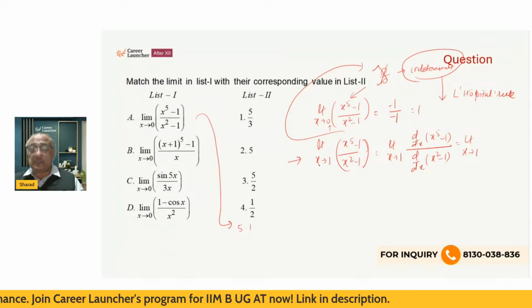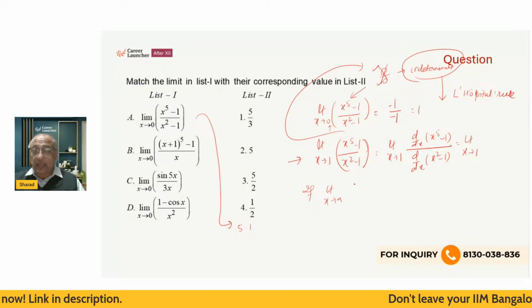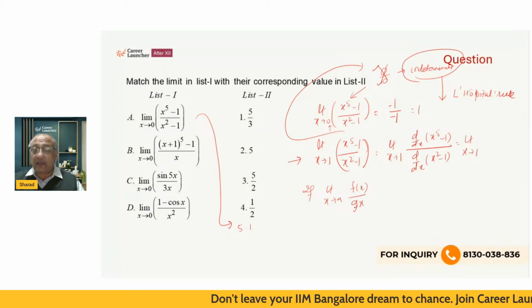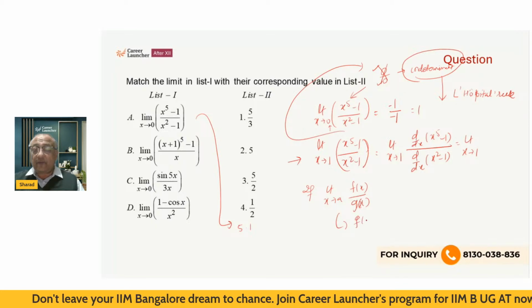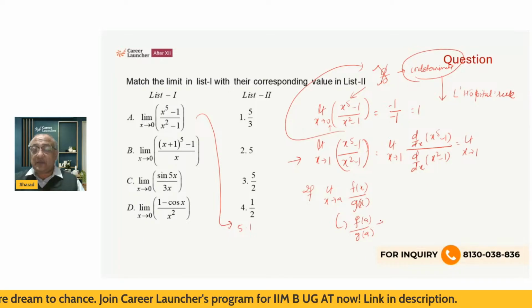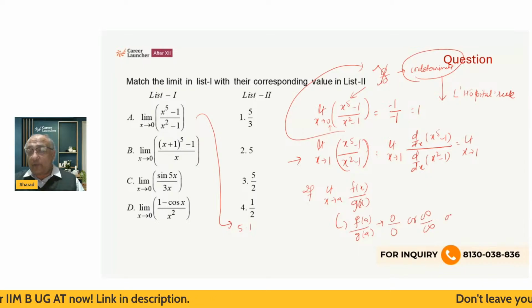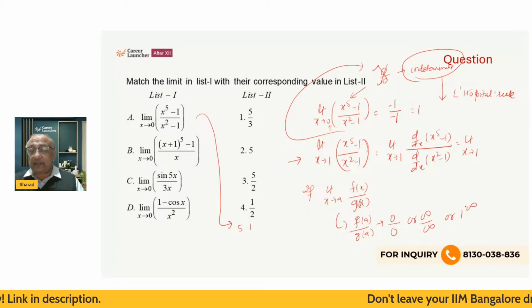So what that rule says, if limit x tends to a, f(x) by g(x) is having indeterminate form. What that means? That f of a upon g of a is of the form 0 by 0 or infinity by infinity, or one more form we will take, 1 raised to power infinity.